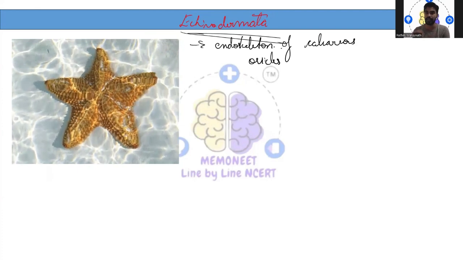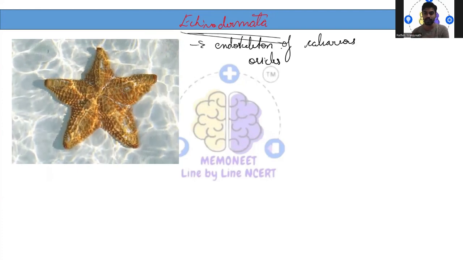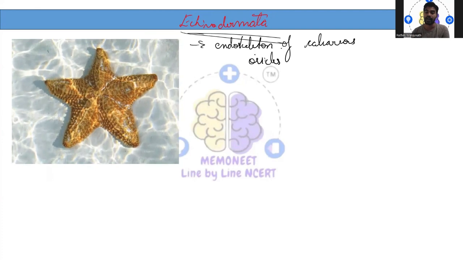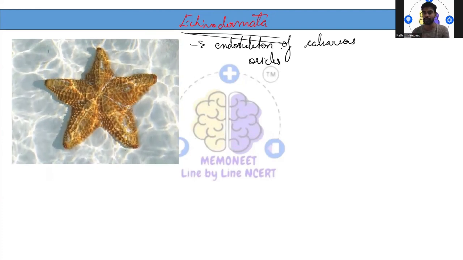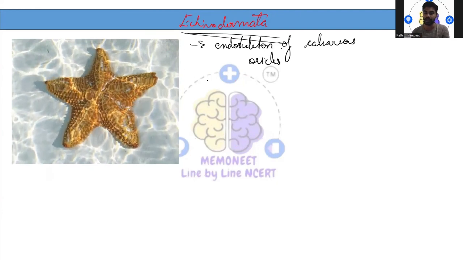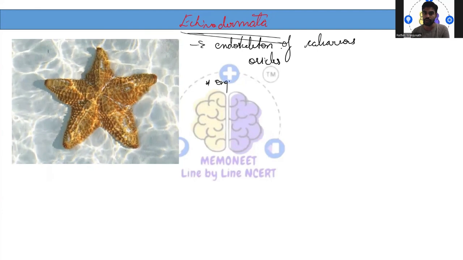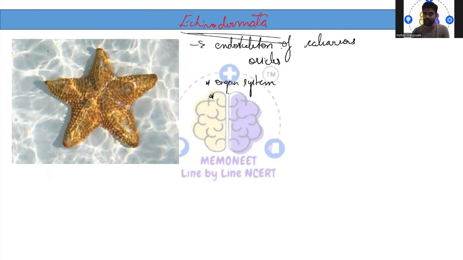They have a spine-like body, as you can see here. When they come out of the water, their body becomes very hard. All the marine ones have an organ system grade of organization.